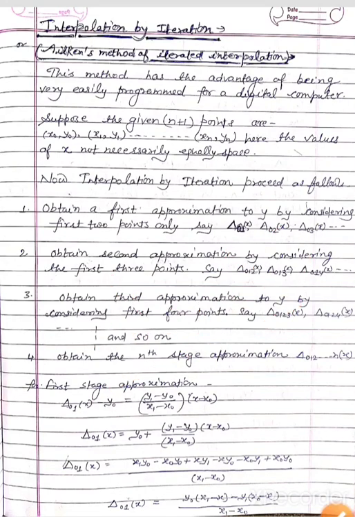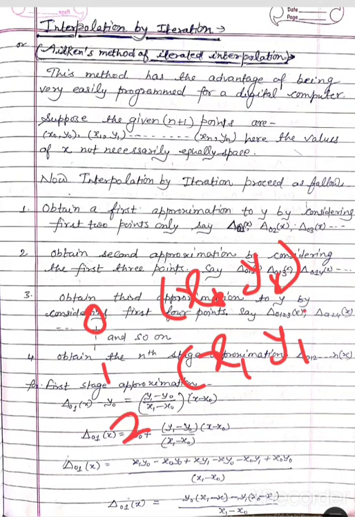After obtaining the first approximations of the function, next we obtain the second approximation by considering the first 3 points. Suppose we consider the first 3 points 0, 1, 2, which are x0 y0, x1 y1 and x2 y2.